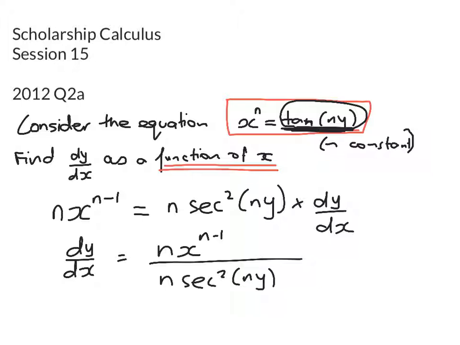So we're almost there, but we have to get this in terms of x, not in terms of y. There are two ways to go here. One of them is to try and do something to turn this sec squared into a tan, and the other is to explicitly work out what sec is in terms of x. So I'm going to go through both of these on two more slides.